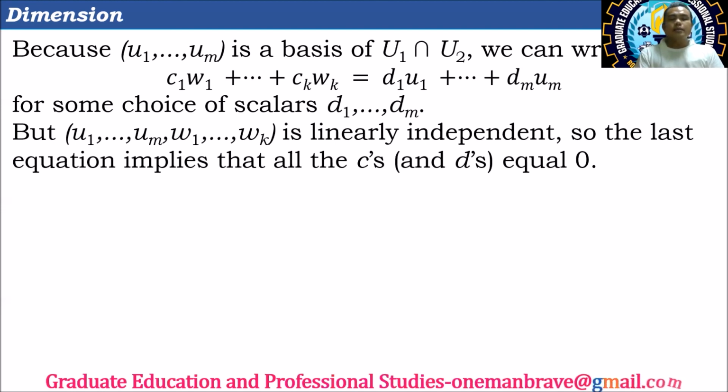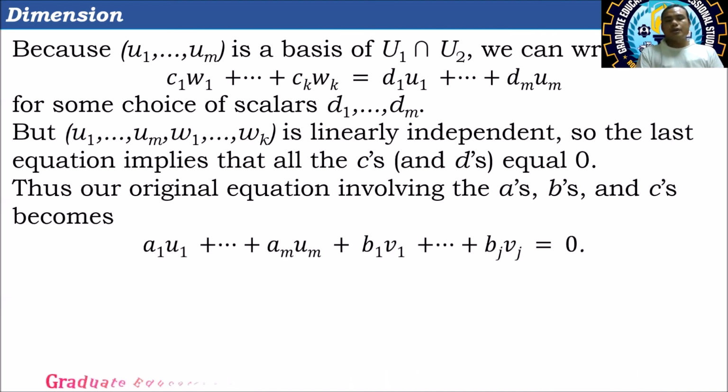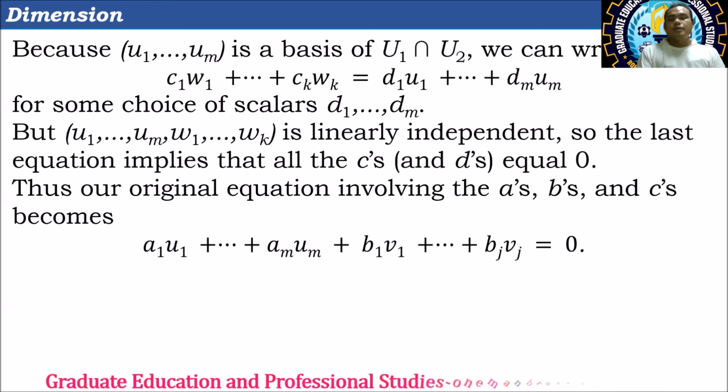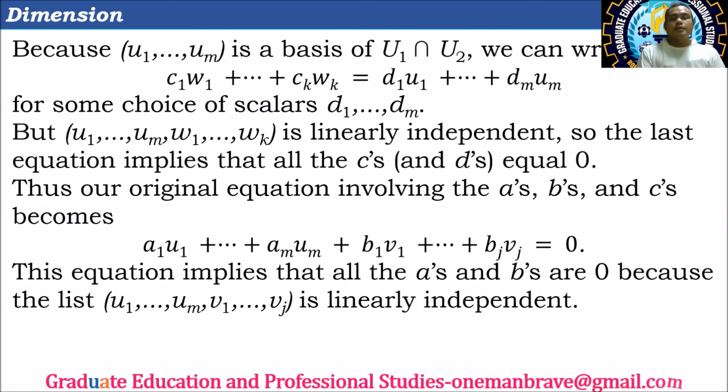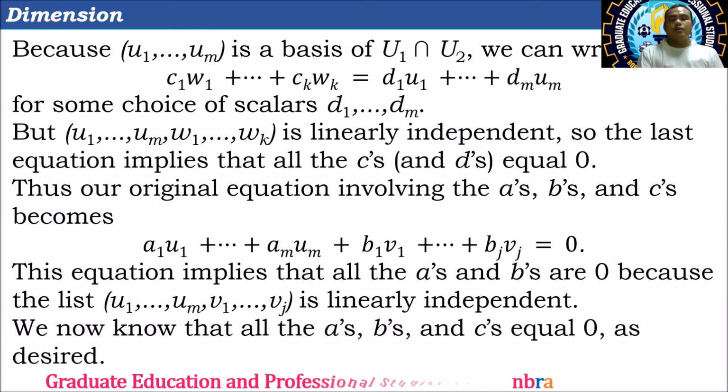So the equation implies that all c's and d's equal 0. Thus, our original equation involving a's, b's, and c's becomes the linear combination of a's and u's, b's and v's equal to 0. This equation implies that all a's and b's are 0 because the list of u's and v's is linearly independent. So we know that all a's, b's, and c's equal 0, as we desired to prove.